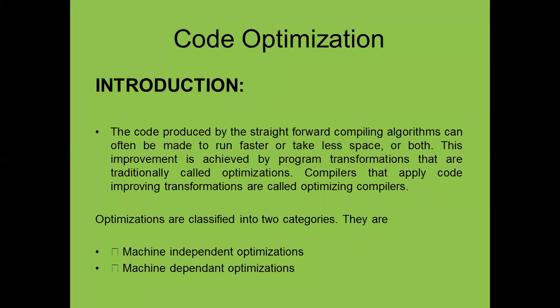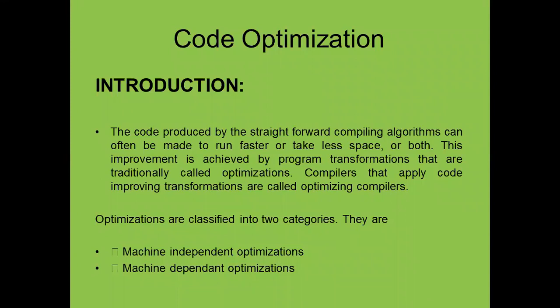We need our program to run faster as well as occupy less space. If we apply such types of transformations to a program, then we can improve the speed, or efficiency, of our compiler.